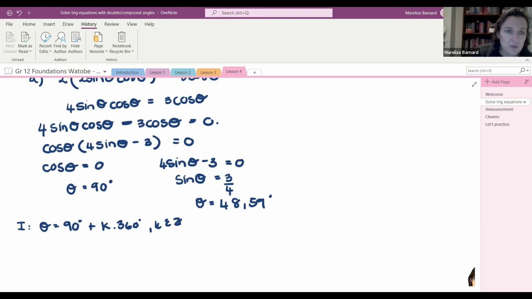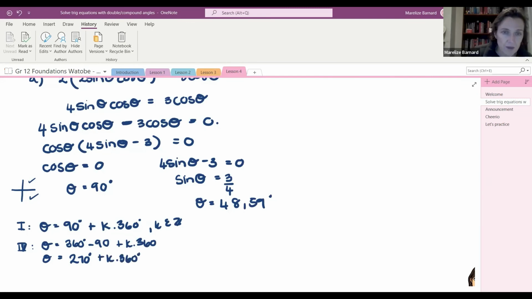The reason we do positive is because we always take 0 as positive, okay? And cos is positive in the first and the fourth. So our fourth quadrant solution will be 360 minus 90, because that's our reference angle, plus k times 360. And that gives us 270 degrees plus k times 360. Okay, that's for cos theta equal to 0.